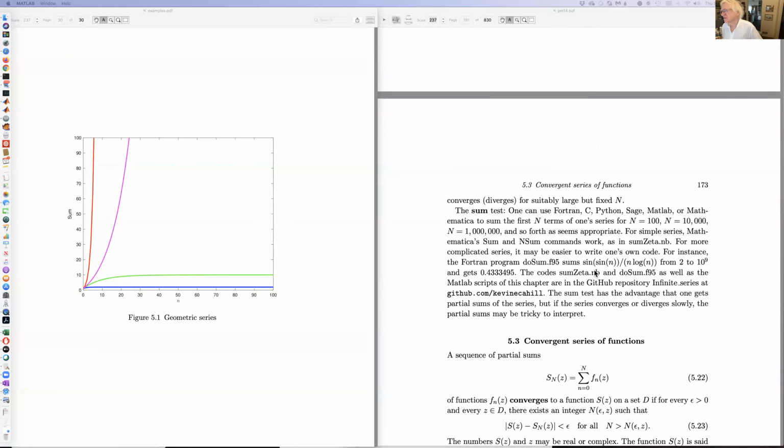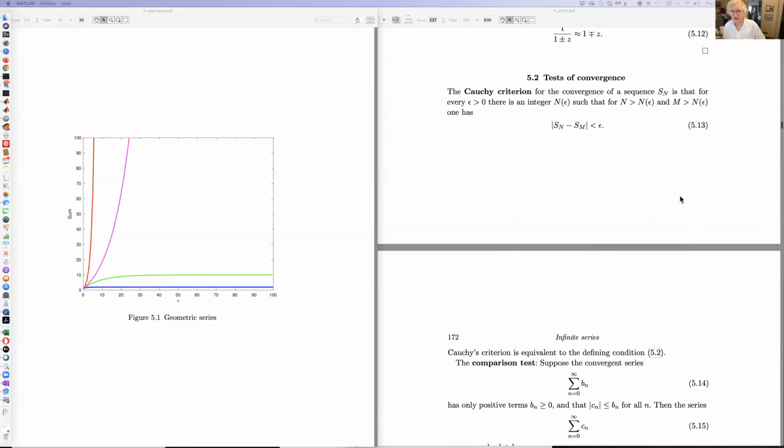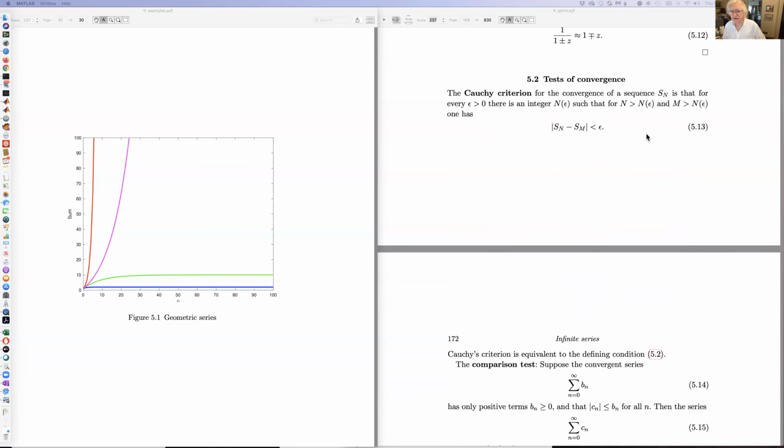I would say that the reliable and extremely general test is the one by Cauchy, namely that if the partial sums differ by less than epsilon when you go far enough out in the sequence, then you've got convergence, and so you can write a program to test that.